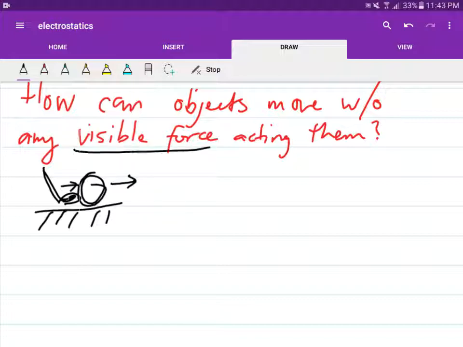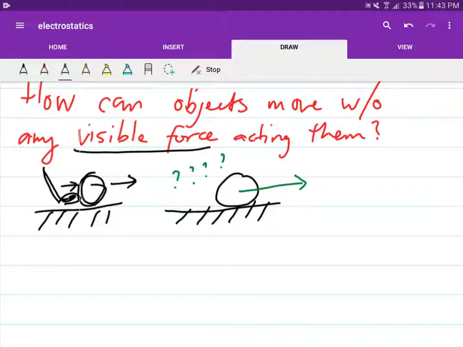So you can see a visible force that causes this ball to move. But what if you suddenly observe that this ball is moving in this direction without any force acting on it? How would you explain the motion of that ball?